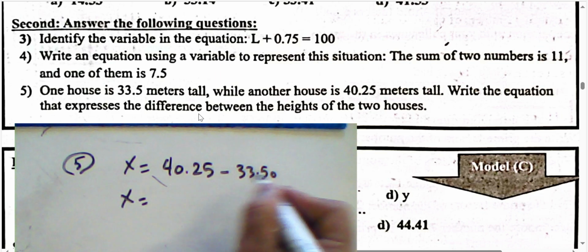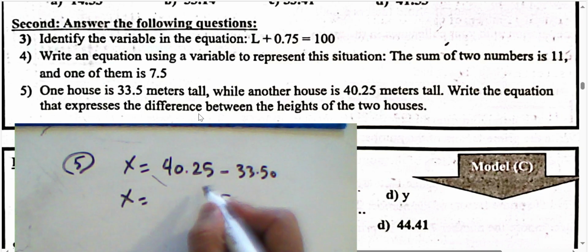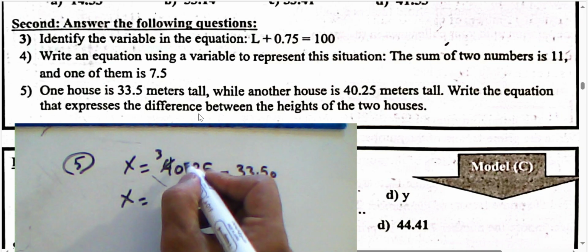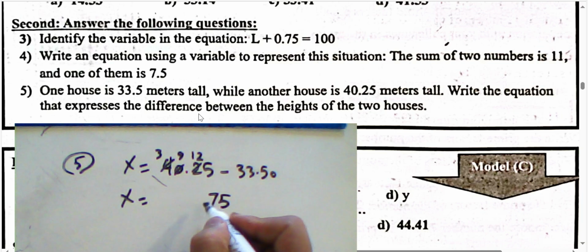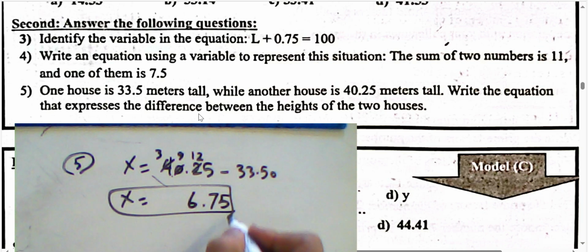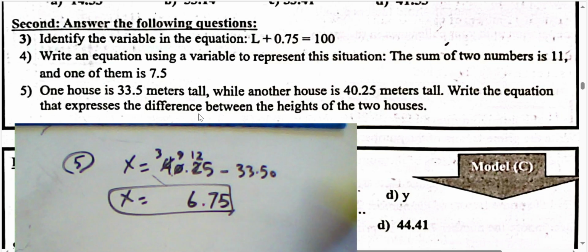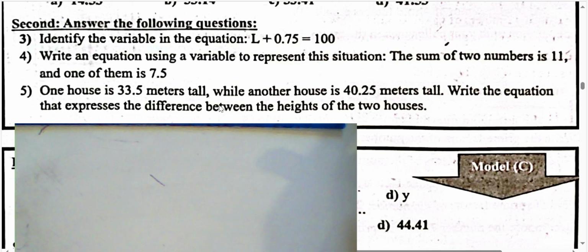We can put 0 here to find the difference. 5 minus 0, 5. 2 minus 5, we can't do. Put 1, it will be 10. Put 1, 9, and it will be 12. 12 minus 5 equals 7. 9 minus 3 equals 6. 3 minus 3, 0. Then x here will be 6 and 75 hundredths. Next question.